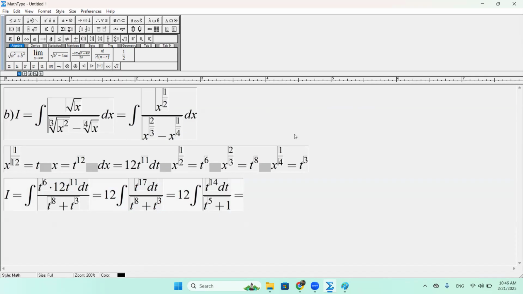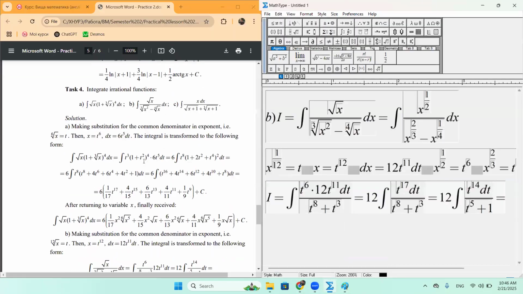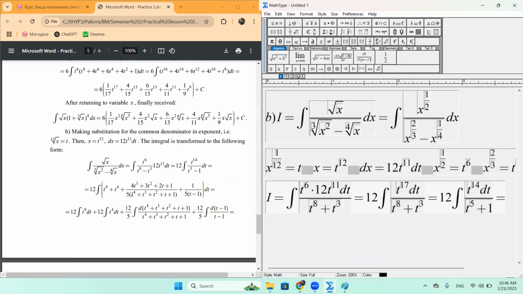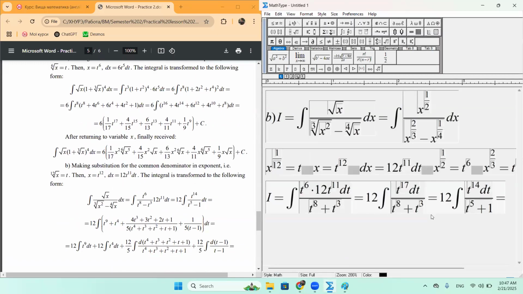So we have such an improper fraction. Let's not waste time on dividing it and just look into the solved example of this task. So what do we have here?